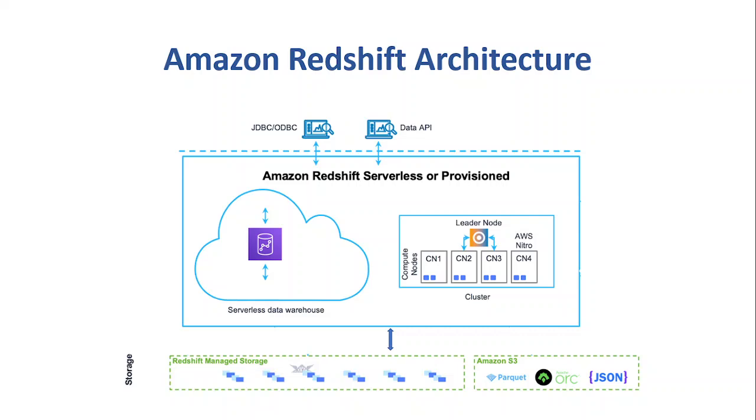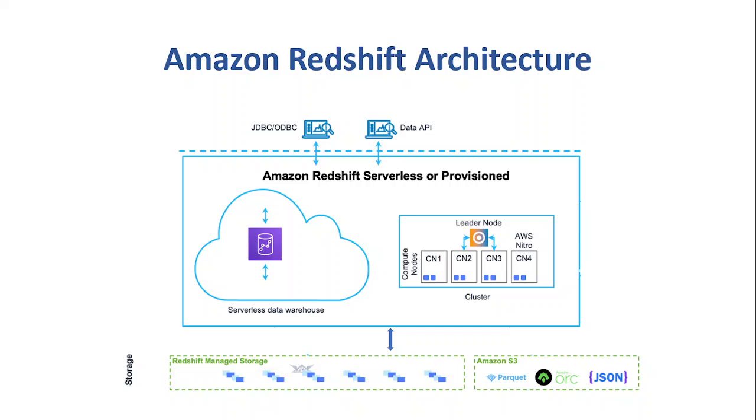A compute node is partitioned into slices, and each slice is allocated a portion of the node's memory and disk space, where it processes a portion of the workload assigned to the node. And why do they do that? So they can process things in parallel.